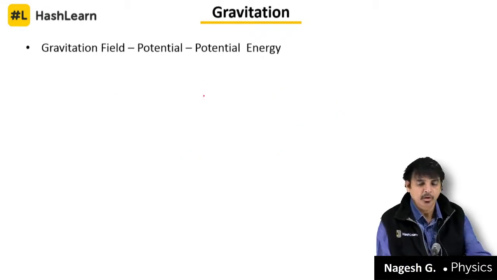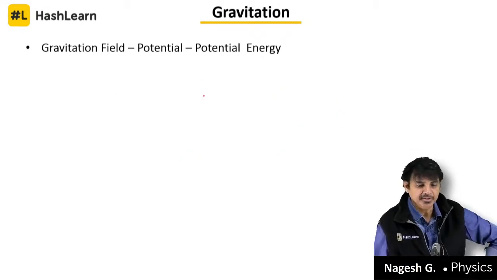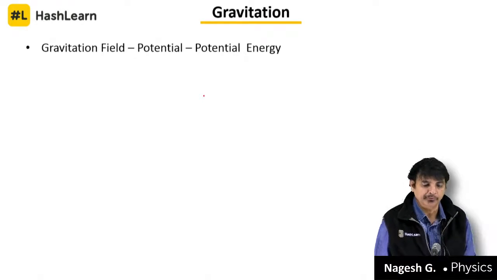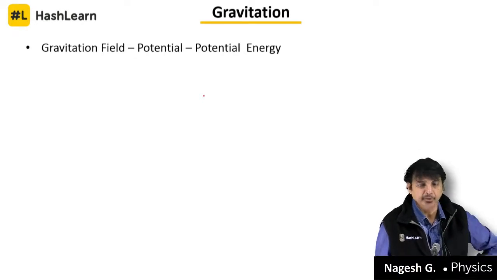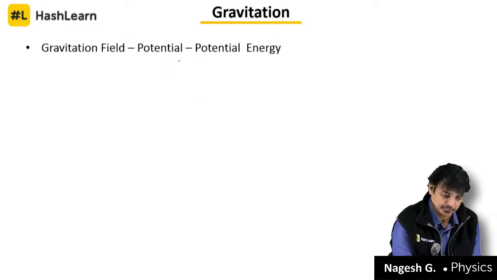Now, let us see the intensity of the gravitational field due to CMD. CMD, you know, is continuous mass distribution.